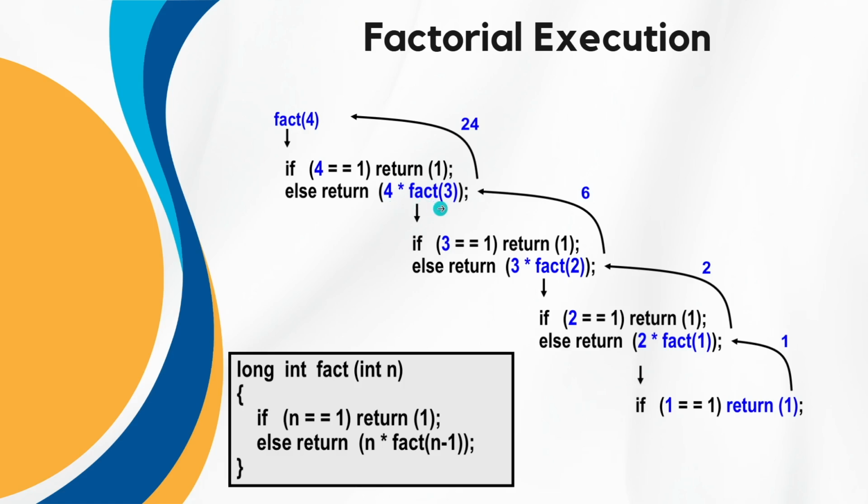So 4 star fact of n minus 1, which is 3. Now there is a recursive call to the function named fact, but here now the argument is 3. So again we check whether 3 is equal to 1. In our case this is false. So we process the else part, which is return of 3 star fact of 2.